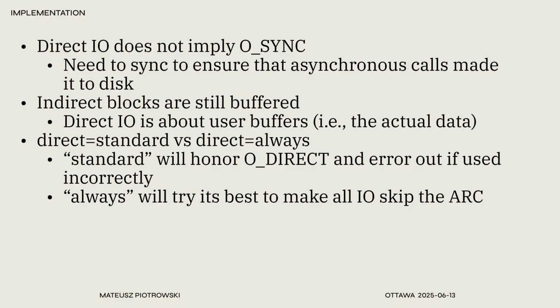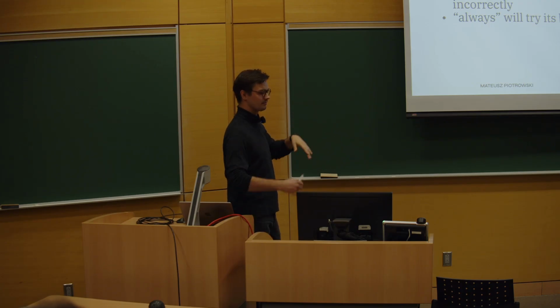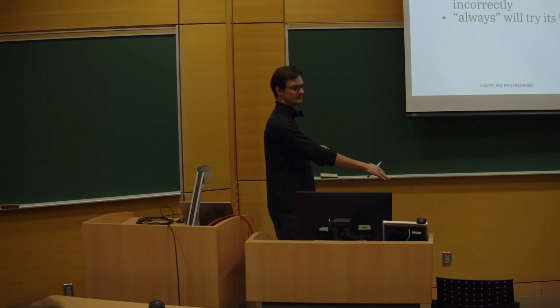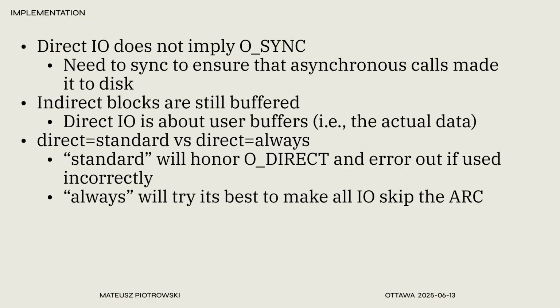Maybe the name direct I/O is a bit misleading because it feels like when I'm using this flag, my bytes just go directly to the metal, straight there, and it's just skipping all the unnecessary things. But that's just not the case. Also, indirect blocks, so all the metadata, are still buffered. Direct I/O is only about the user buffers.